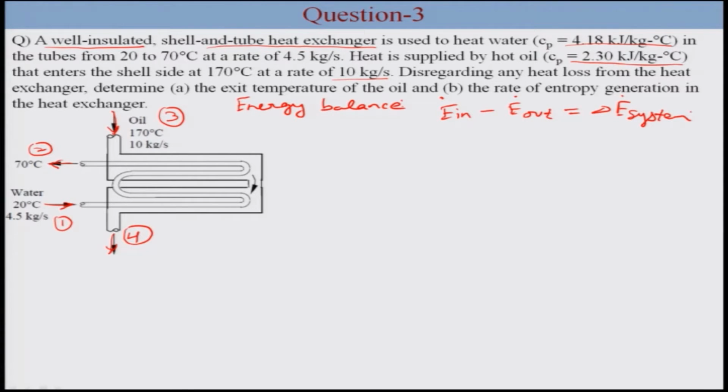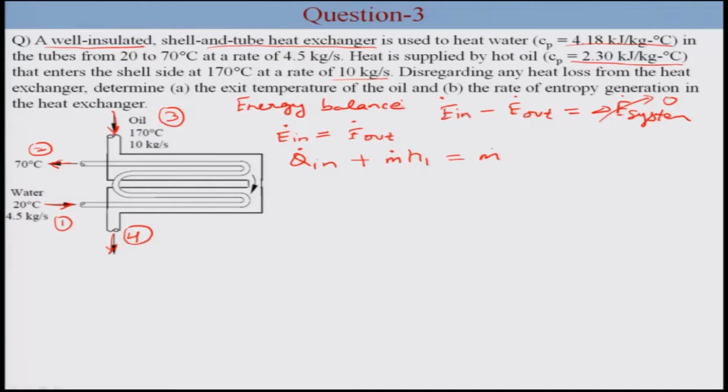Now, as it is a steady system, this will be 0, E in dot is equal to E out dot. Now, rate of energy which is entering is Q in dot, the heat which is added to the water, plus the enthalpy of water, m dot, mass flow rate of water, into enthalpy of water, is equal to the net energy which the water is taking with itself when it is moving out of the heat exchanger.